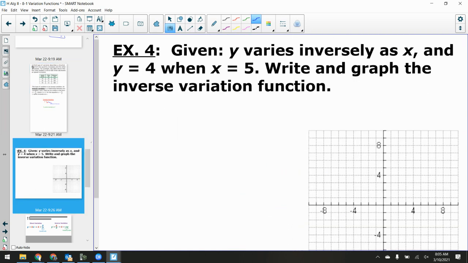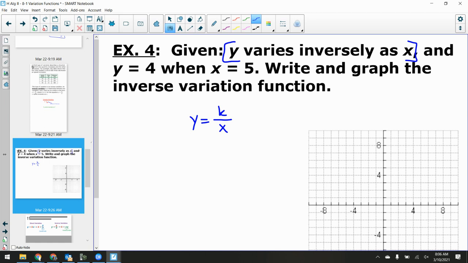Given y varies inversely as x, when y is 4, when x is 5, write and graph. This is the same thing we did with direct variation. Shouldn't be too difficult, right? So let's say inverse variation. This obviously tells us what equation we're going to use. Y varies inversely as x. Y is equal to k divided by x. And y is 4 when x is 5.